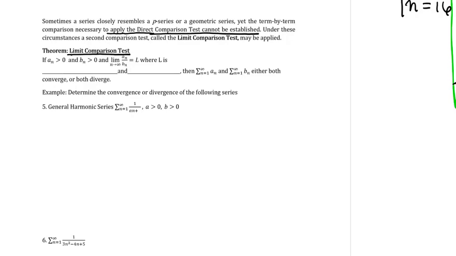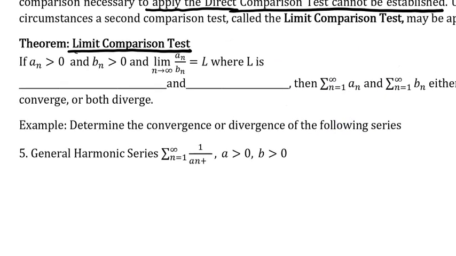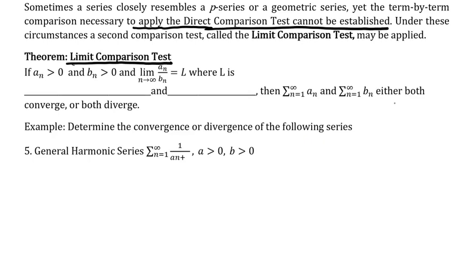What the limit comparison test states is that if you have two series, a sub n and b sub n, both of the series need to have positive terms. The terms of the series need to be positive.